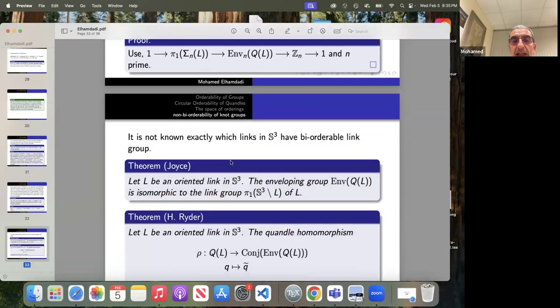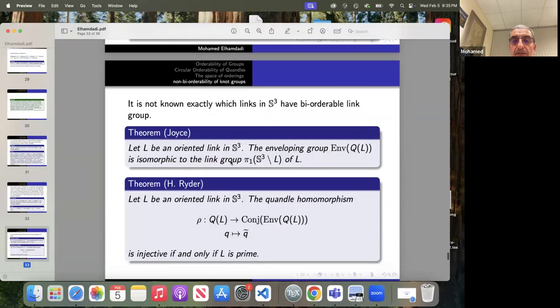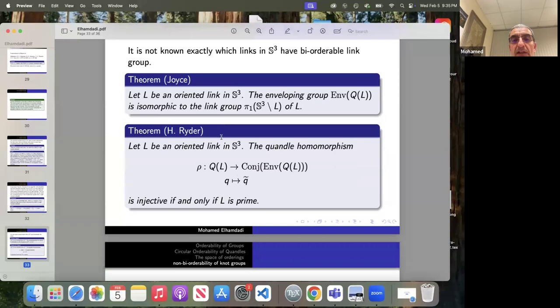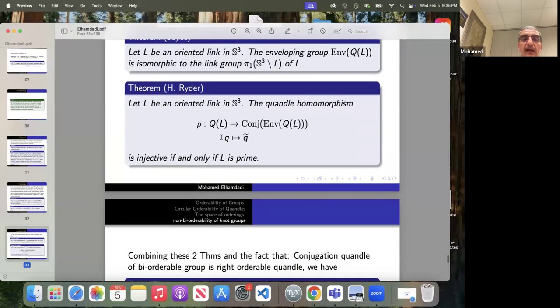It is not known exactly which links in the 3-sphere have bi-orderable link groups. In the paper of Joyce, he proved the following theorem: if L is an oriented link in the three-sphere, the enveloping group of the fundamental quandle is isomorphic to the link group of L. Ryder proved the following theorem.